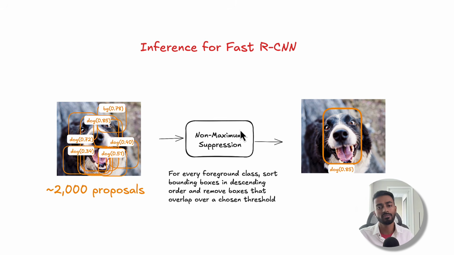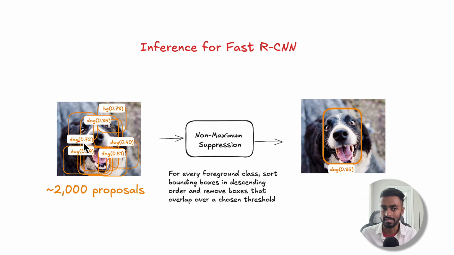Next, we perform something called non-maximum suppression. Essentially, for every single foreground class, we'll sort the bounding boxes in descending order and remove the boxes that overlap over a certain threshold. So for example, let's just consider dog, right? For dog, the biggest one is this 0.85. That's the highest score, so we keep that because it doesn't overlap with anything.